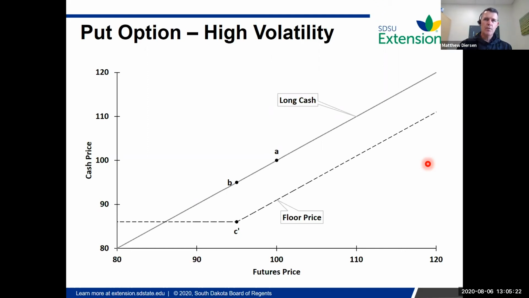So put options with very high volatility are all of a sudden very expensive. Large cash outlays are needed up front to get into these positions, and the floor price may be unattractive compared to the break even.